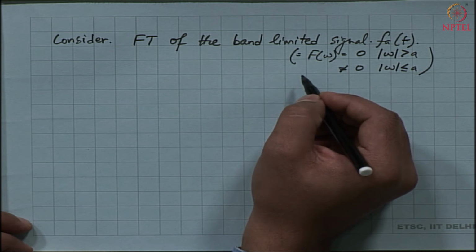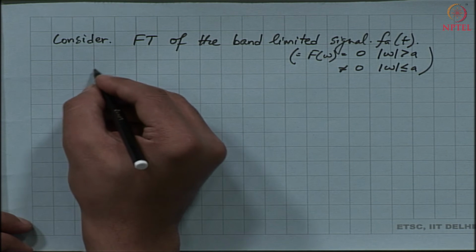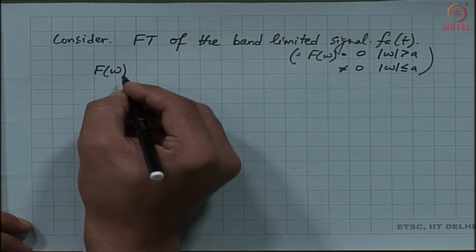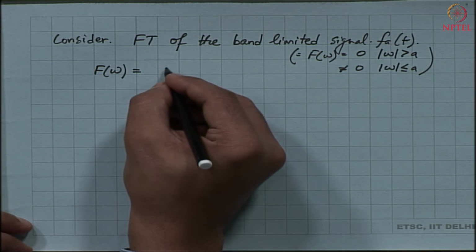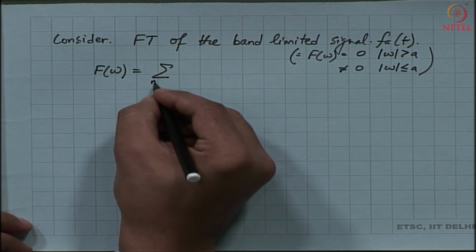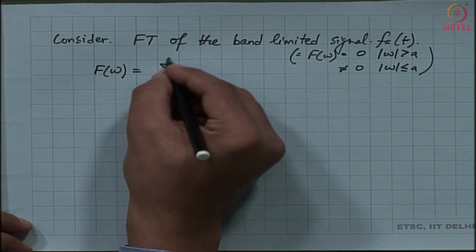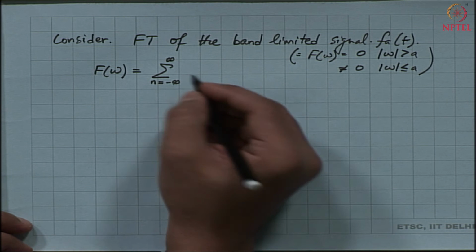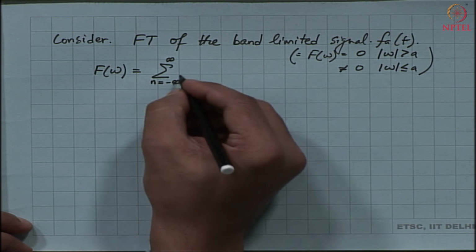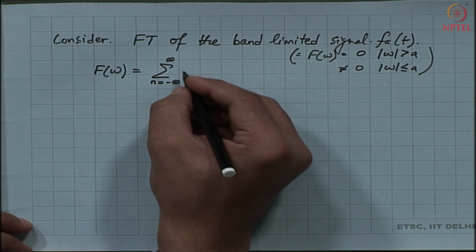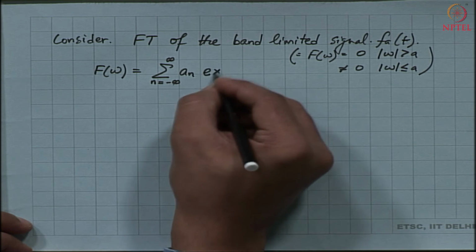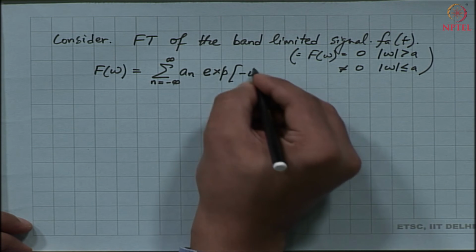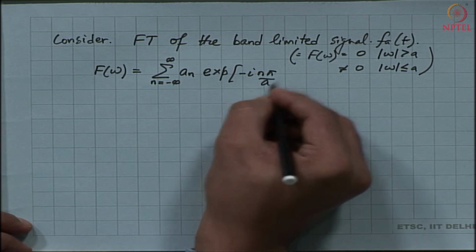So, I can always write my Fourier transform in terms of this series, in terms of these orthogonal sets, sum over n from negative infinity to infinity of a n e to the power negative I n pi by a omega.